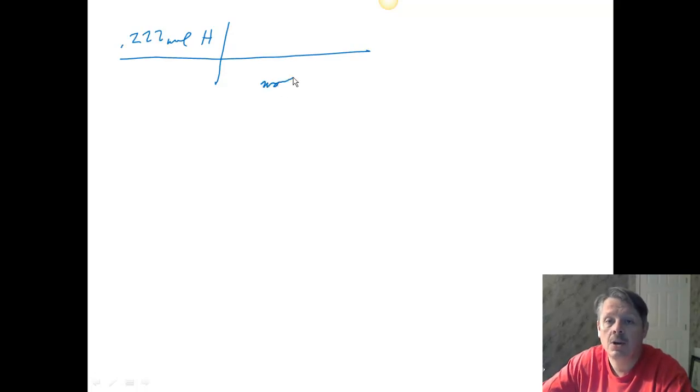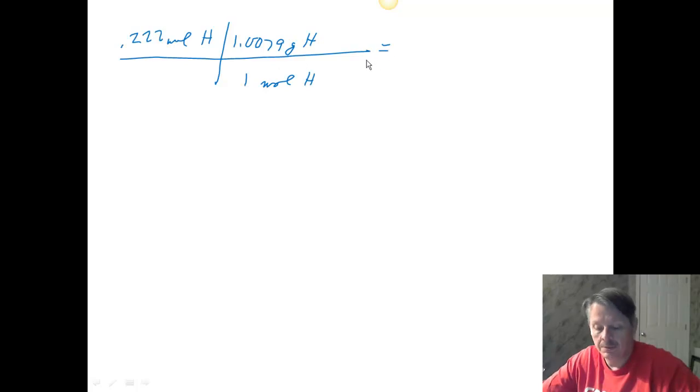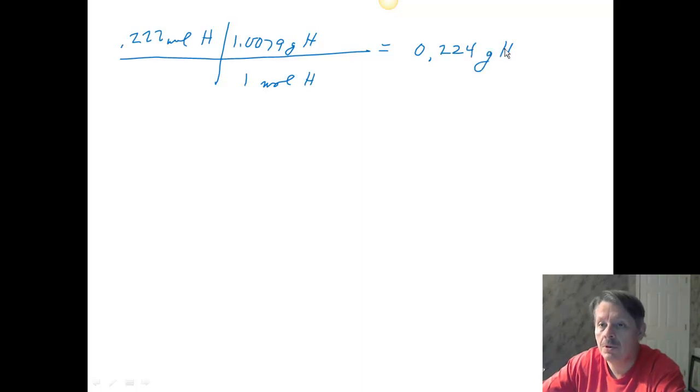And I know that for every mole of hydrogen, I have 1.0079 grams of hydrogen. And if I do that math, then I come up with 0.224 grams of hydrogen. That's my final answer.